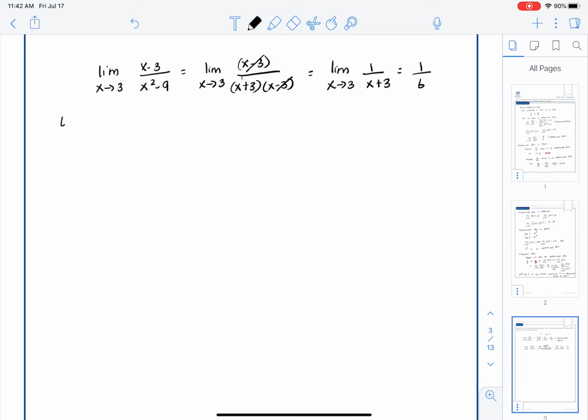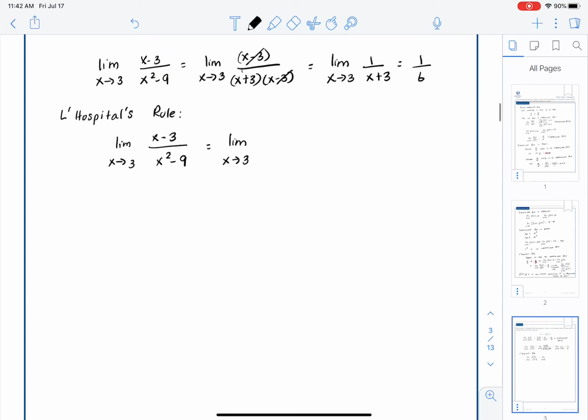Now we could do the same using L'Hopital's rule. What does the rule state? The rule states that we take the derivative of the numerator, then the derivative of the denominator, and then apply the limit. What is the derivative of x minus 3?